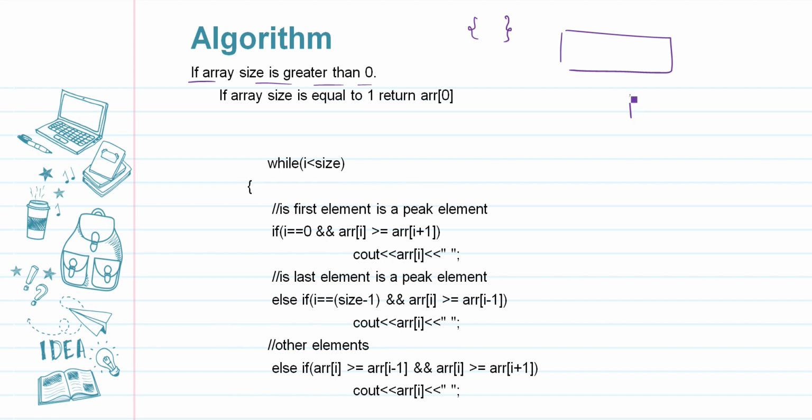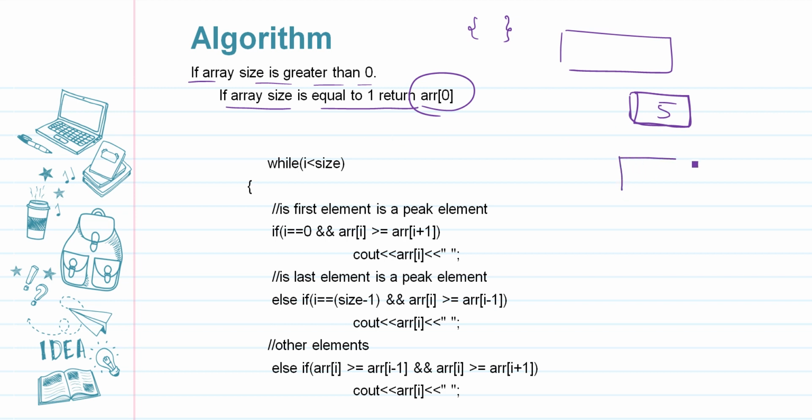Now if it is greater than 0, the next condition is if the array size is equal to 1, which means it has only one element. If the array has only one element, then ultimately it is going to be the pick element. So we need to print arr[0]. Whatever the value, it doesn't matter, it is going to be considered as a pick element.